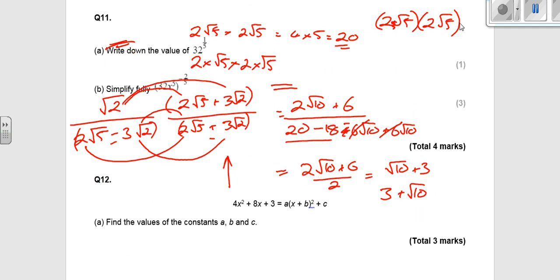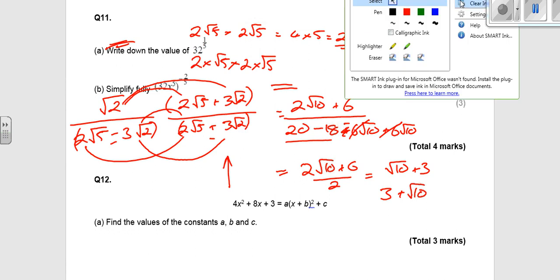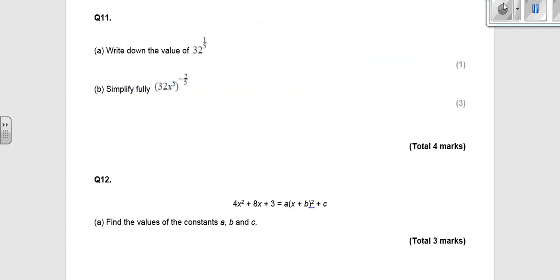Next, we've got question 11. So this one, the power of a fifth means the fifth root, so it means the fifth root of 32, which means something times something times something times something times something is 32. We've already done that, and that's 2. Right, so now we've got to deal with this.